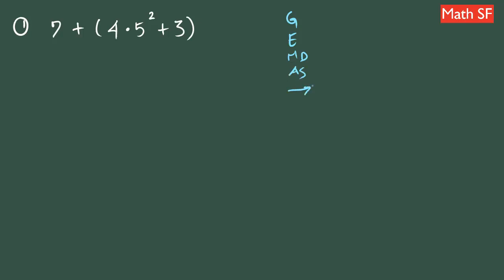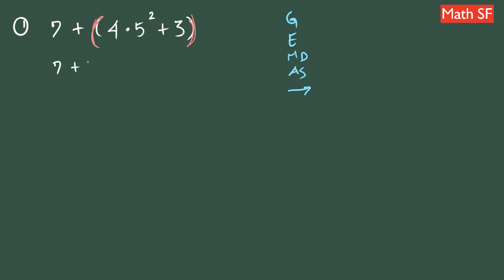Every time you're doing a problem, I recommend having this on the side so it reminds you, and at the same time it helps you memorize it. First we do anything that relates to grouping, which means we have to do this parenthesis first. So let's do what is in the parenthesis.